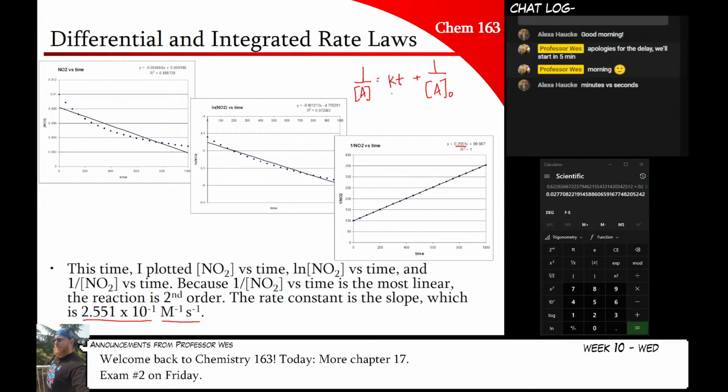And so that means that the units for k have to be inverse molarity times inverse seconds, so that the seconds here can cancel out with those. So that these are the units of this part and this part, which I can add together to get this part.